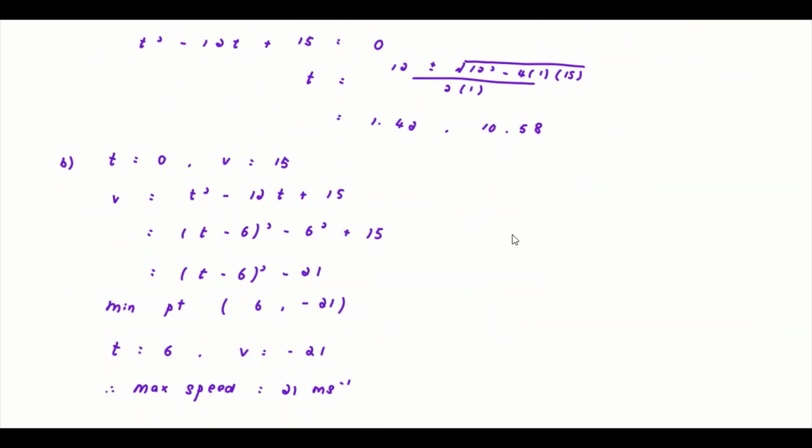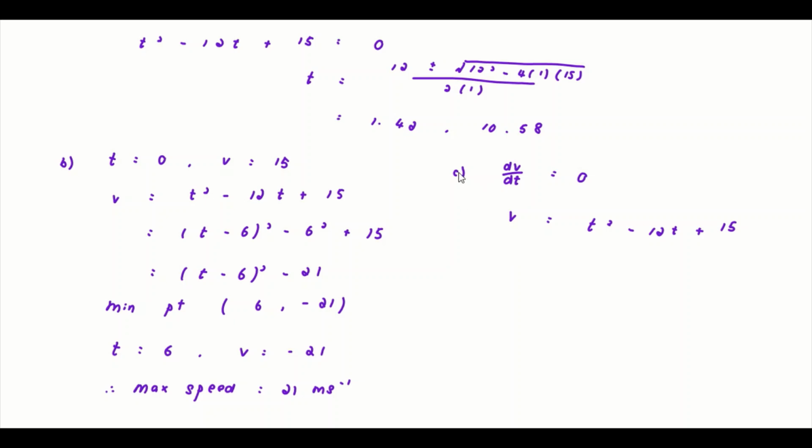But if let's say you don't have the graph, then the easiest way is to take maximum speed, meaning that your dv/dt should be equal to 0. Then you just differentiate your answer. We have just now v is equal to t squared minus 12t plus 15. We can continue to differentiate it.